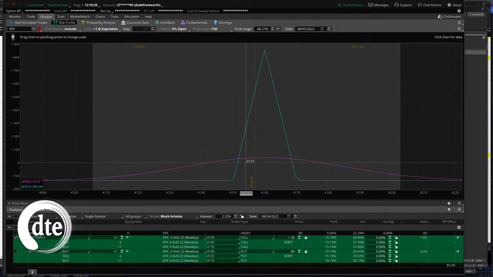So if I took, now I'm not going to take this trade off right now because it's just too early. But 27 divided by 135, it's 20%. I'm at 20% return right now. Most traders would love to have 20% returns on their trades on average.